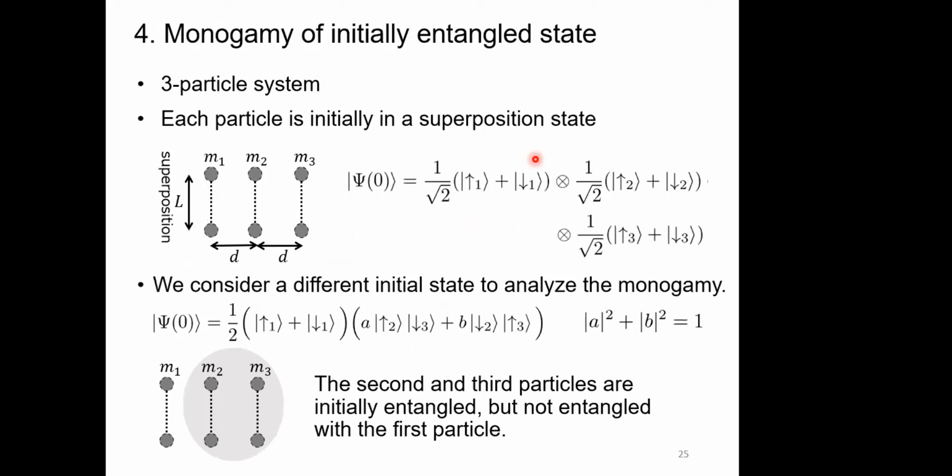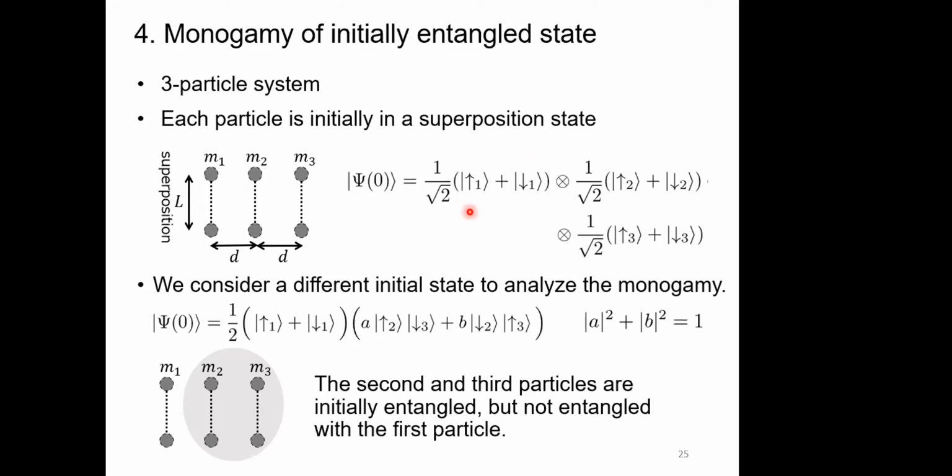Next, I go on to part 4, and we focus on entanglement monogamy due to gravity. Here, we go back to the one-dimensional 3-particle system. In the previous section, we prepared each particle in a superposition state given by this. Here, we consider a different initial state for the 3-particle system.